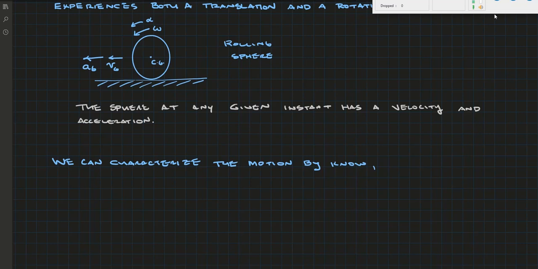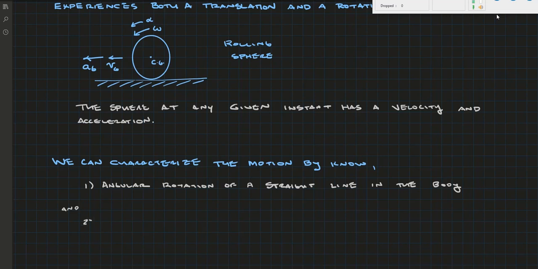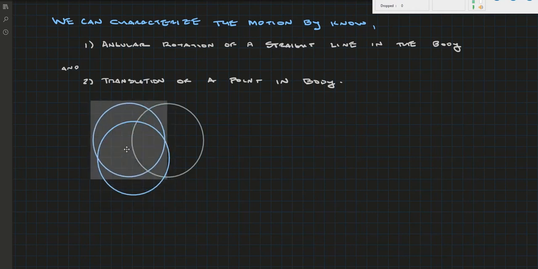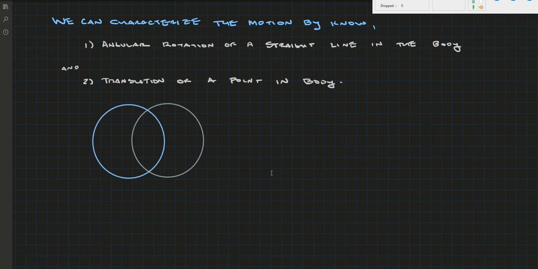We can characterize this motion by knowing the angular rotation of a straight line in the body, and the translation of a point in the body. So say our body moves from here to here.